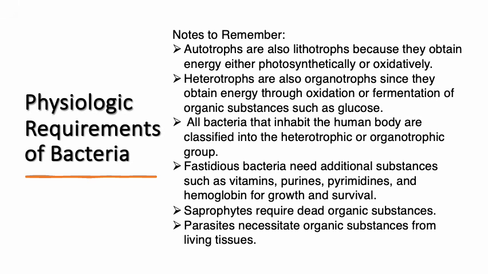And when we say fastidious, again, fastidious bacteria need additional substances such as vitamins, purines or pyrimidines, and hemoglobin for growth and survival. When we say saprophytic organism, they require dead organic substances. When we say parasites, they necessitate organic substances from living tissues.